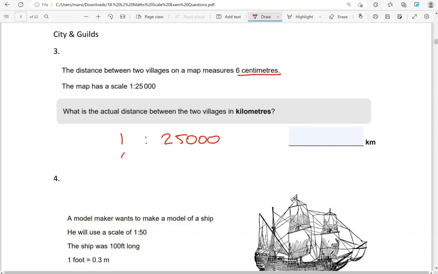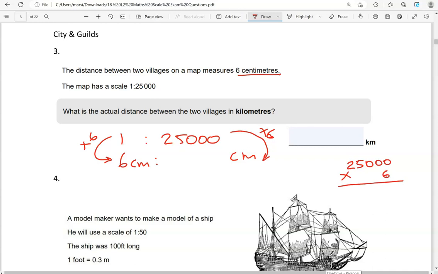So we've got 6 centimeters. This will be in centimeters as well. So how do we get from 1 to 6? By multiplying by 6. And we'll do the same here. So 25,000 times 6. 6 times 0 is 0.